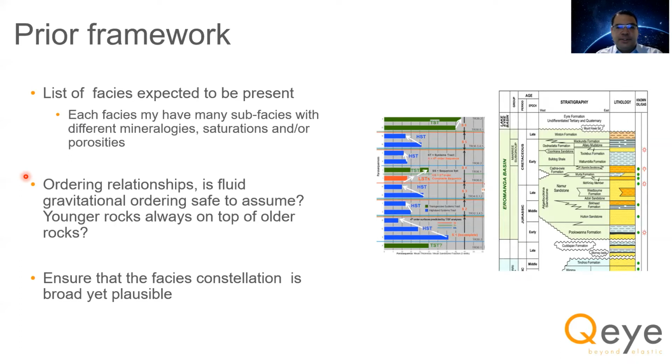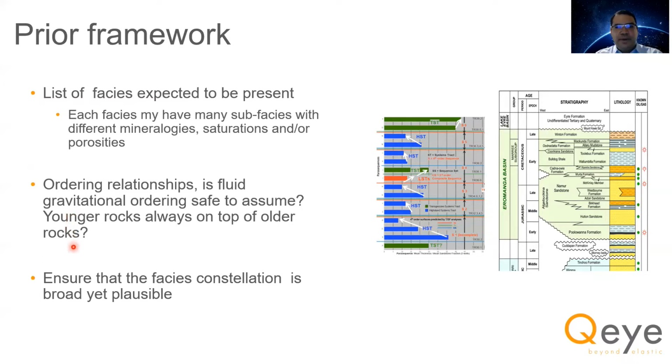For example, questions like, is fluid gravitational ordering safe to assume? Or are younger rocks always on top of older rocks? These become very relevant because this kind of information can be encoded in terms of probabilities in the prior framework. That way, the solution space will be reduced only to the solutions that comply with these assumptions.